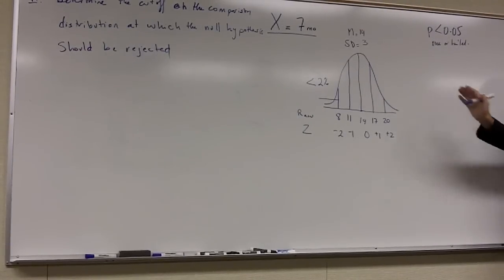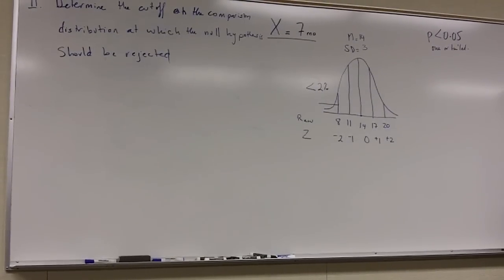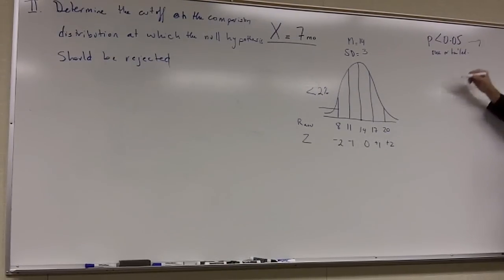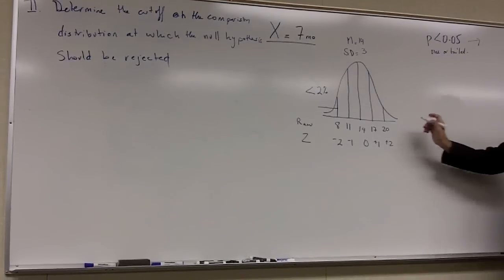Is it Jordan? Yeah, Jordan, go ahead. Well, because you split the percentage in half. Excellent. Because in two-tailed, you split the percentage in half to each tail, and that automatically pushes the cutoff out.